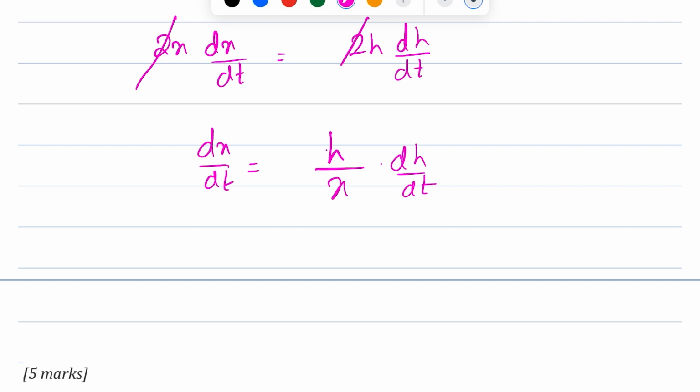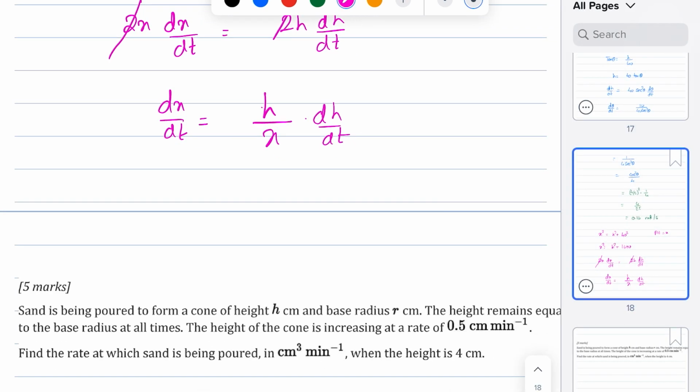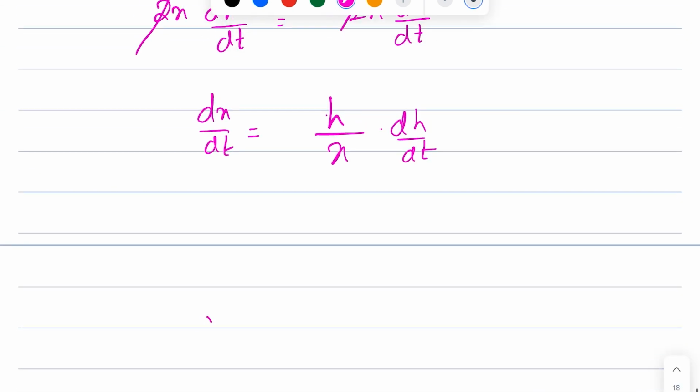So I get dx upon dt equals h upon x. What is the x value?